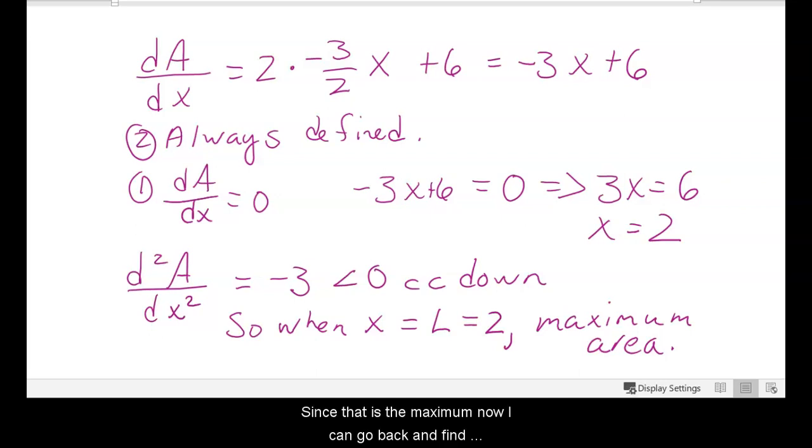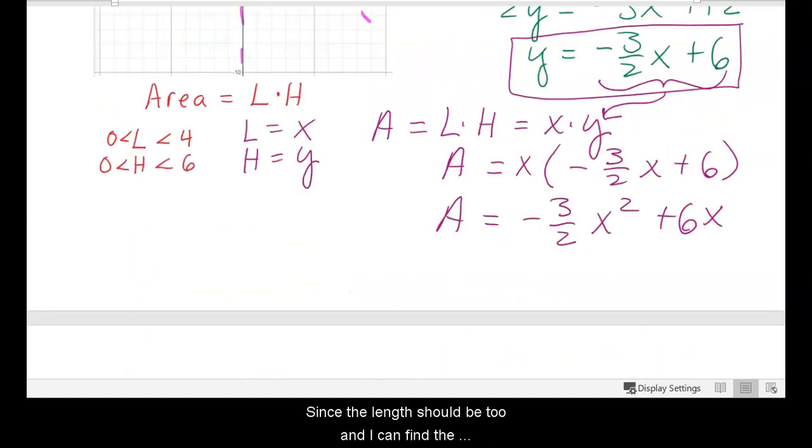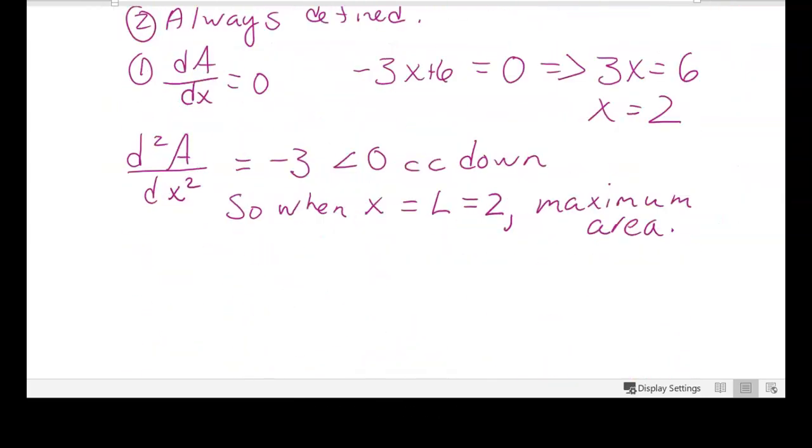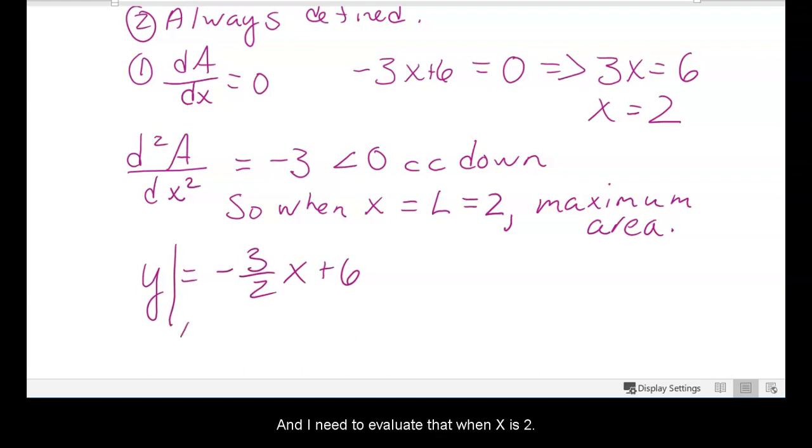Since that is the maximum, now I can go back and find the y value at that maximum. Since the length should be 2, then I can find the maximum y value by plugging into this equation, y equals -3/2 x plus 6, and I need to evaluate that when x is 2.